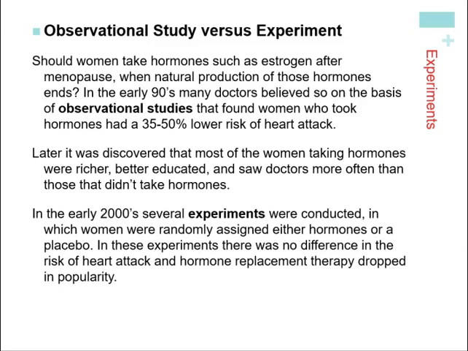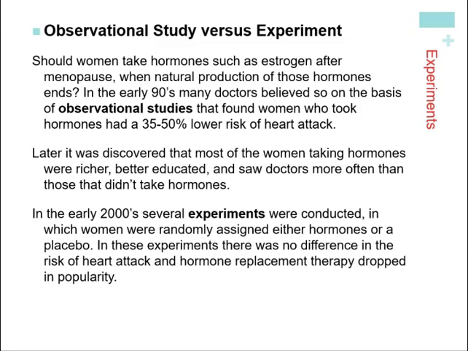However, because this was not an experiment and they were just observing what was happening in nature, they did not take into account the fact that most of the women who were taking hormones were richer, they were better educated, they saw the doctor more often.